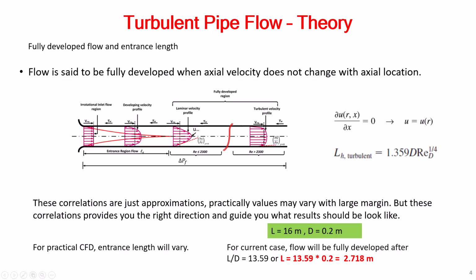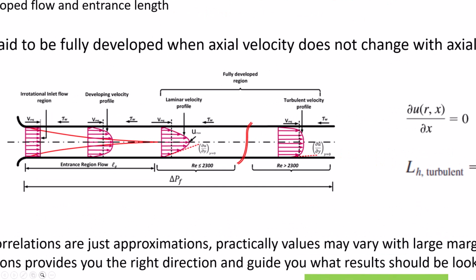Okay. Now as far as the developing region theory is concerned, we have to see, for turbulent flow, what will be the value of the developing or entrance region, and what will be the section where the flow is fully developed. I'm showing you a picture here.